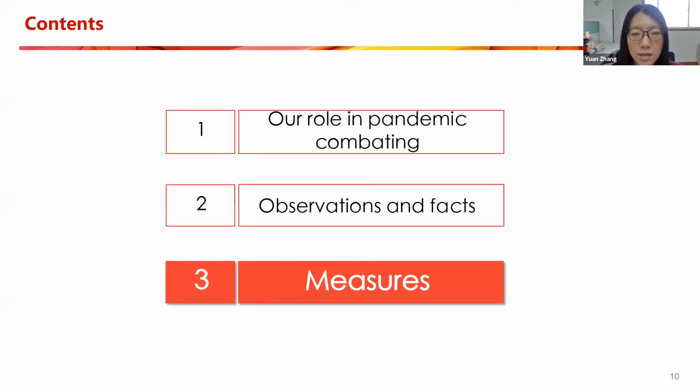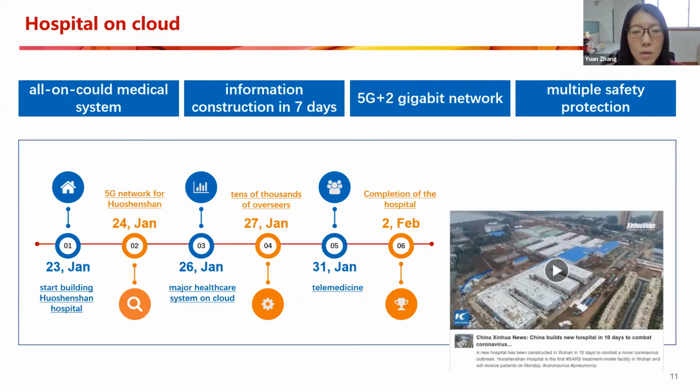So the third part, measures that we have taken. The miracles: Shen just mentioned that we have built a hospital in 10 days. There's something more I could talk about. Instead of 1, we built 3. The Huoshanshan Hospital, Leishanshan Hospital, and the Special Hospital for Women and Children, all in Wuhan City.